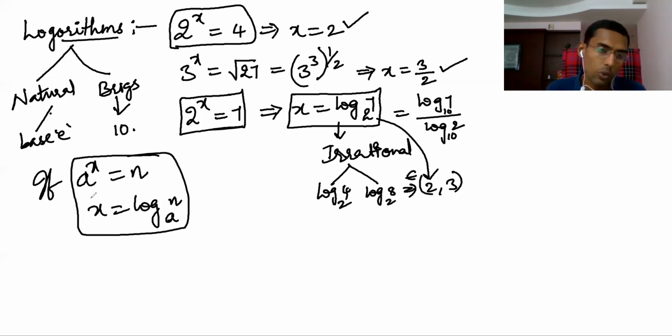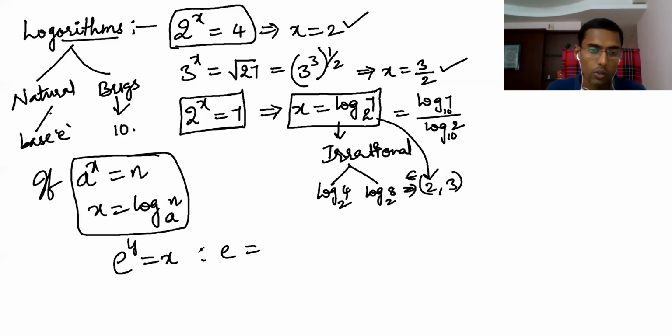And here, if you take a as positive, generally we take e power y equal to x. Here e is always positive. What is e? Here I am telling you what e is.